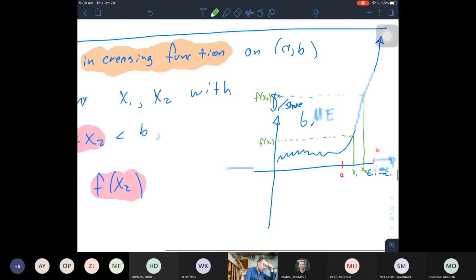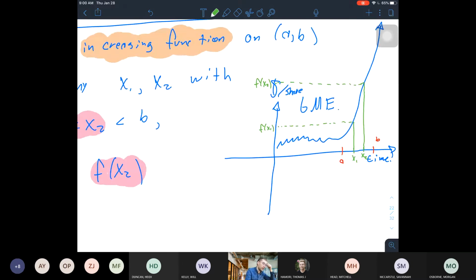So if x2 is to the right of x1, then f of x2 is above f of x1. That's what it means for a function to be increasing.